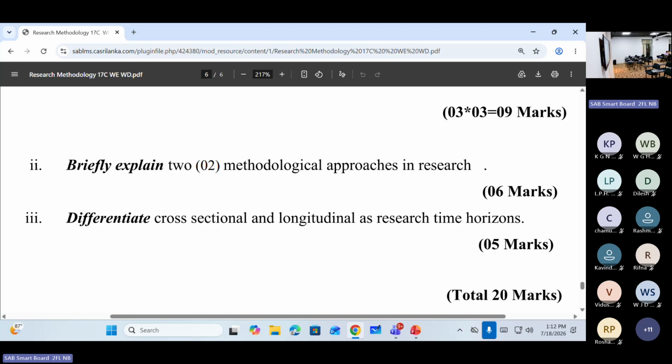Longitudinal data. Longitudinal study. Yes, very good. Others, listen. Look at it. Very good.